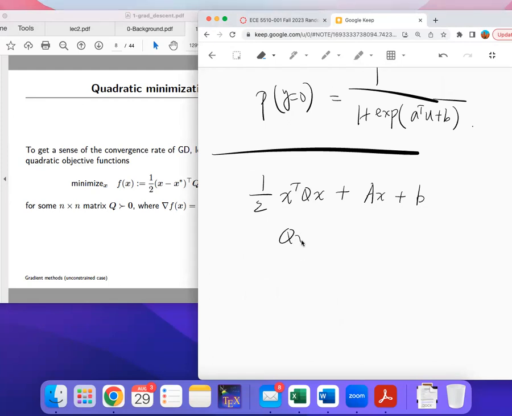The gradient is Qx plus a, set to 0. So x is just negative Q inverse a. Sorry, I think here it should be a small a. It's not a matrix.